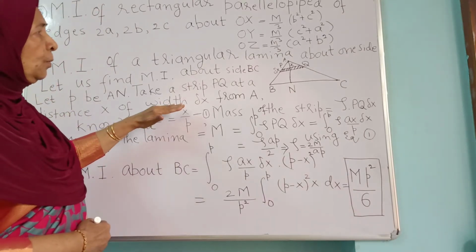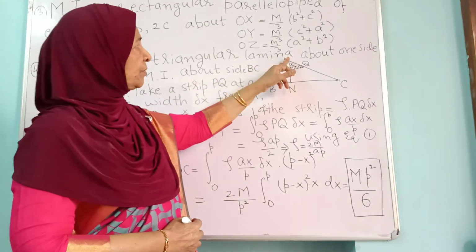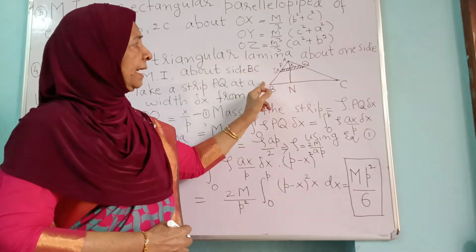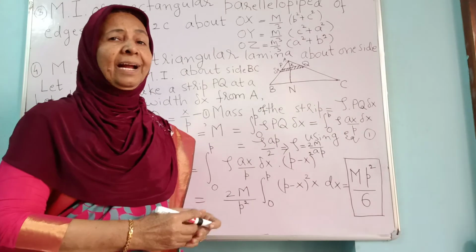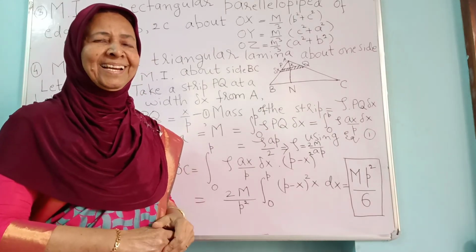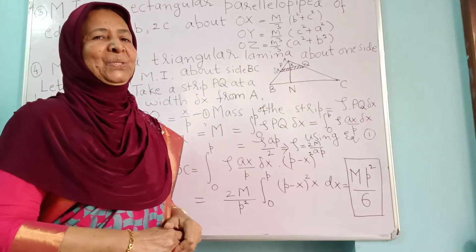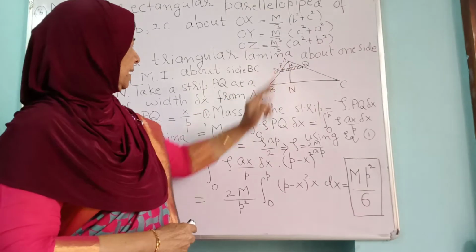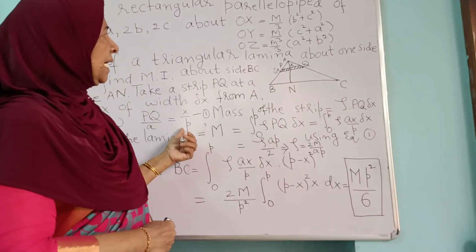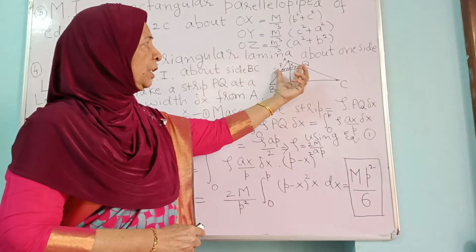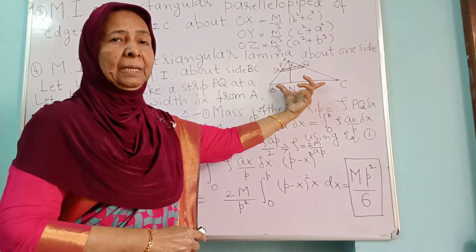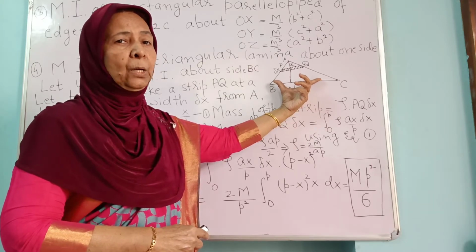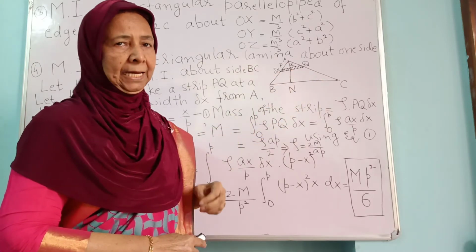So, you can observe that this triangle APQ and the triangle ABC, these are two similar triangles, isn't it? So, what does it mean? It means that x divided by p is equal to PQ divided by BC, and BC is ultimately equivalent to small a.